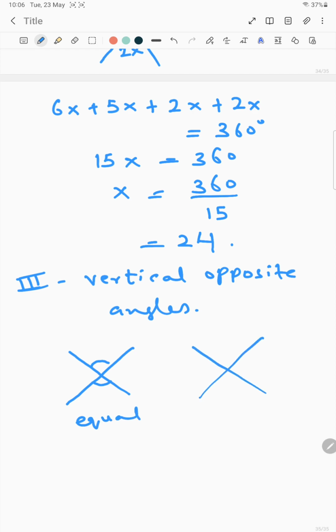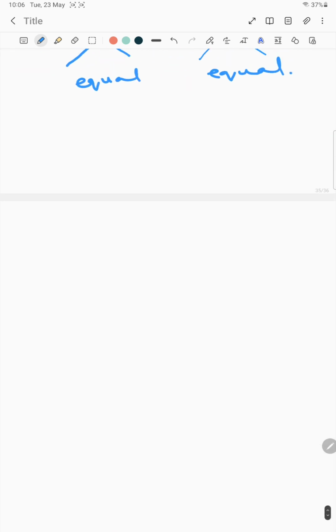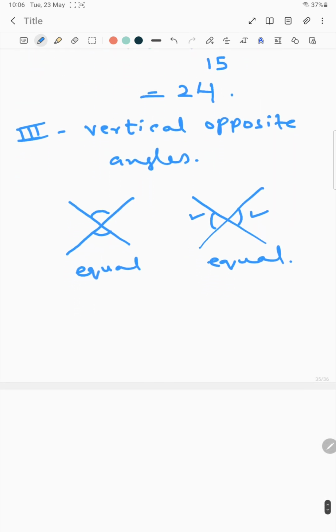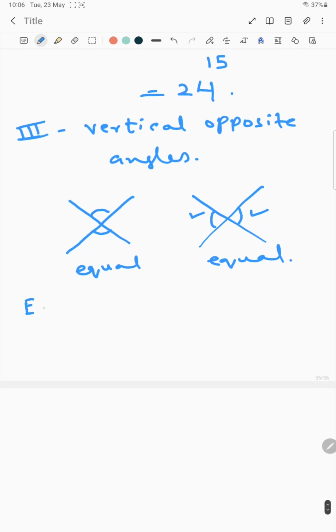And the other form of these angles can be like this: angle on this side and angle on this side. They will be equal to each other, and again we call them vertical opposite angles. Now let's take an example.